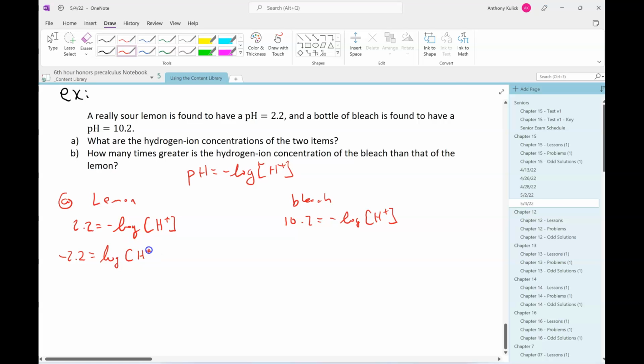All of those are fine. Then what? Again, we're trying to get the concentration of hydrogen ion by itself. So I got to use the exponent base 10 to cancel the logarithm. I'm going to skip writing some of the detail on that work. And then I'm going to go to my calculator.